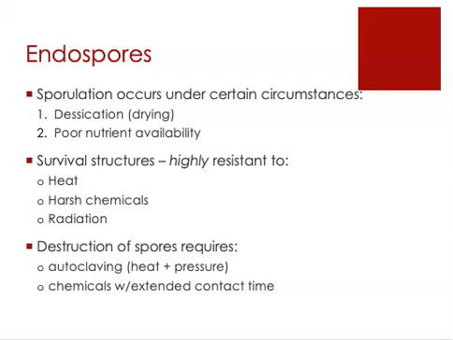They sort of put that cell into suspended animation, and they hold its DNA, that critical genetic material, in this suspended animation until the environment improves, until there's more water around and there's more nutrients around.